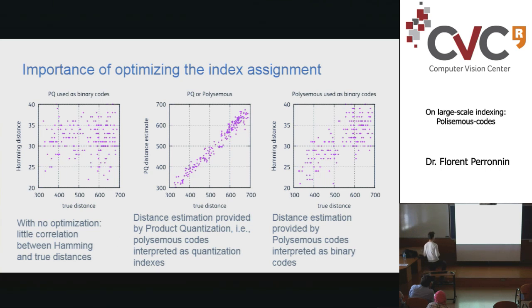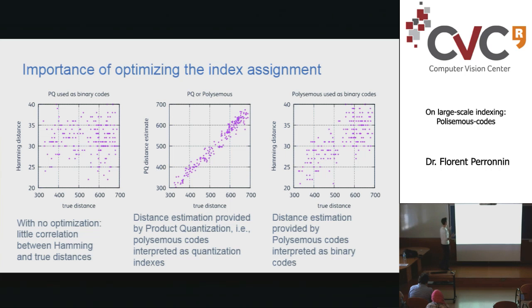So again, this is what you have. You have two vectors which are encoded with PQ. Here on the x-axis you have the true distance between these vectors, and here you have the Hamming distance between the PQ codes if you don't do any optimization of the indices.